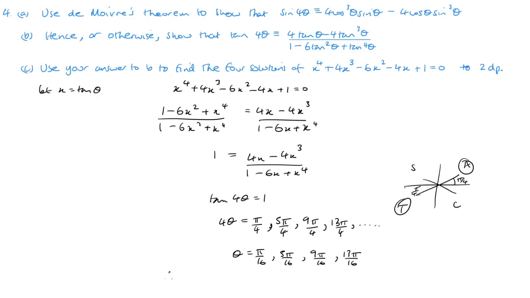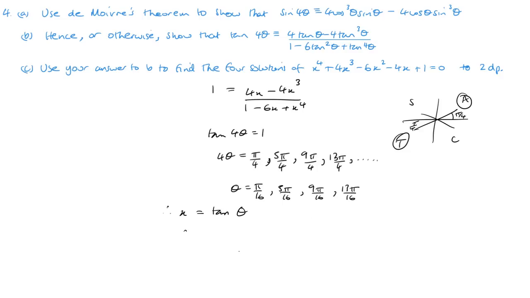So therefore x is tan of each of these values. So x is tan theta. Substituting each one in, we get 0.19891, and we get 1.4966, minus 5.027, and minus 0.6682.